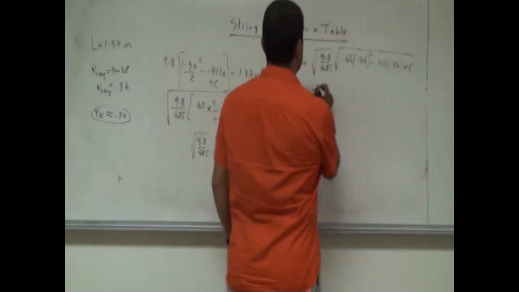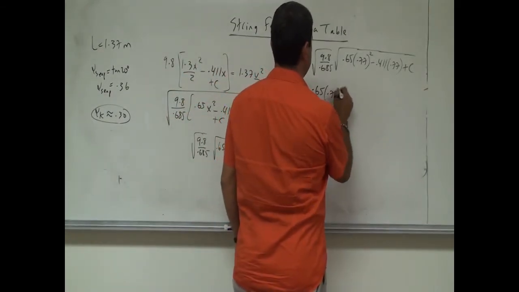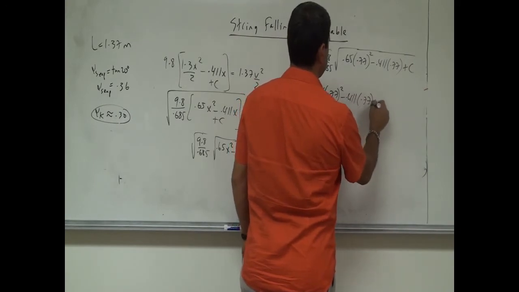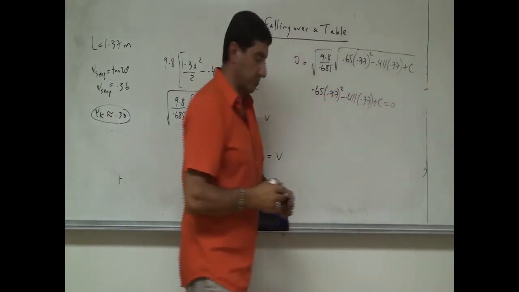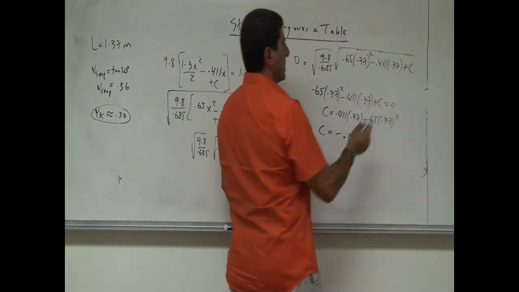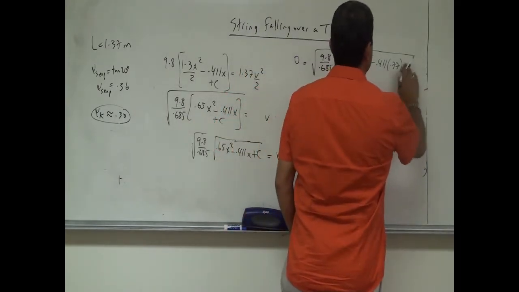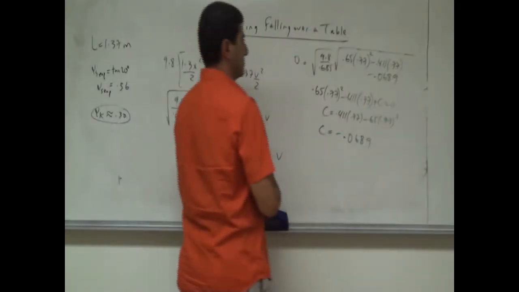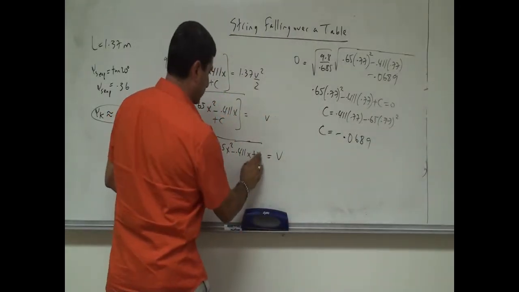So 0.65 times 0.77 squared minus 0.411 times 0.77 plus a constant is equal to 0. Then I can put negative 0.0689 into the general function.